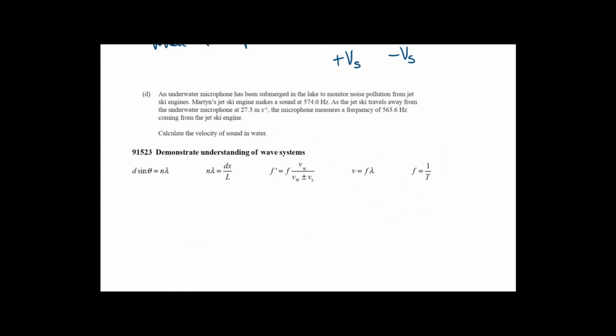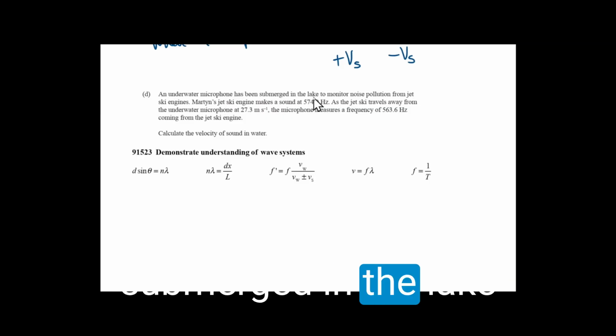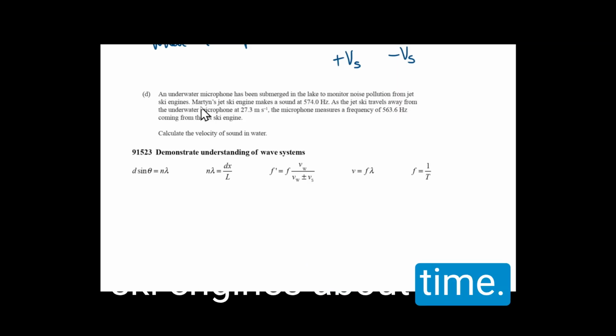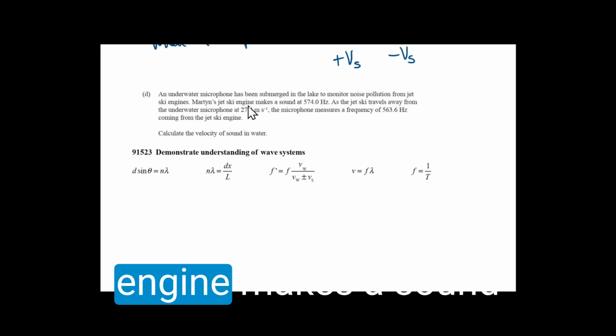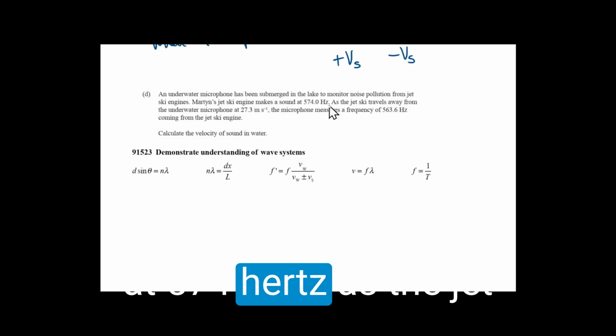So now in part D, we find out that an underwater microphone has been submerged in the lake by Big Brother to monitor noise pollution from jet ski engines. About time. Martin with a Y's jet ski engine makes a sound at 574 hertz.